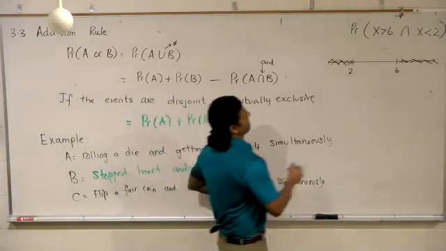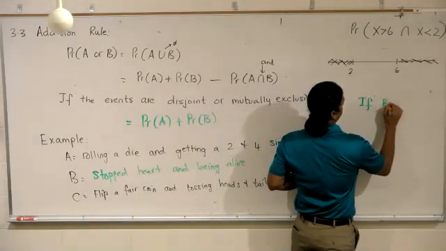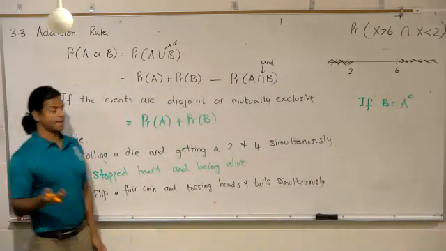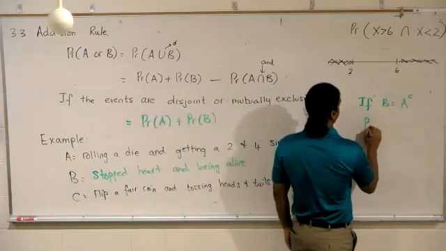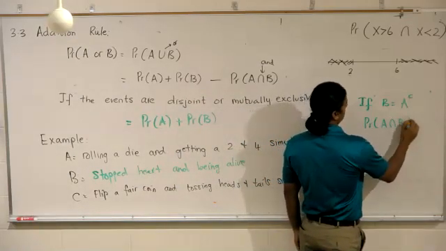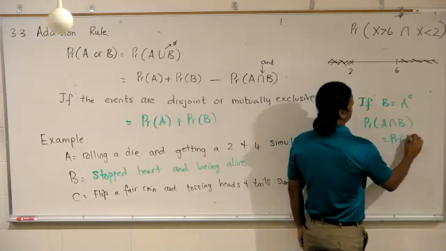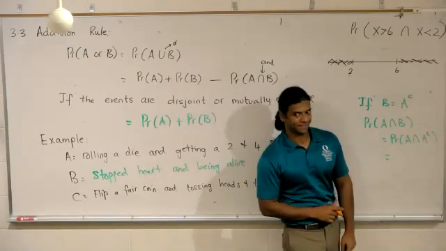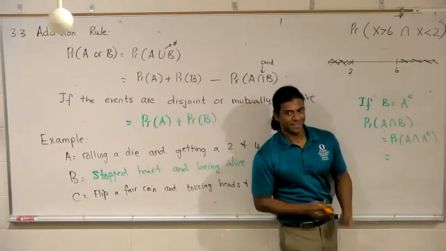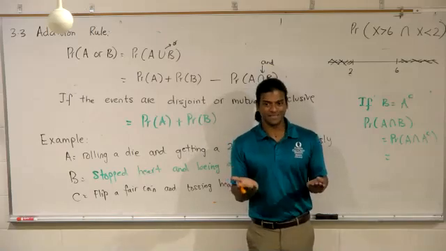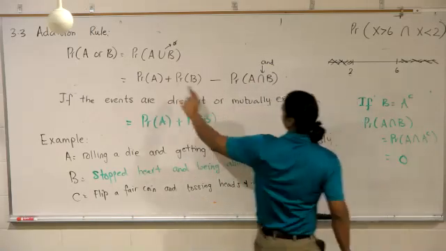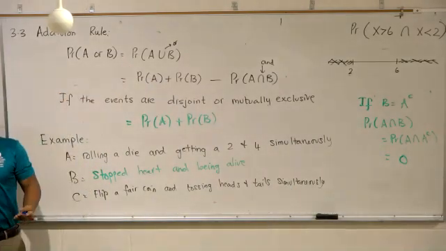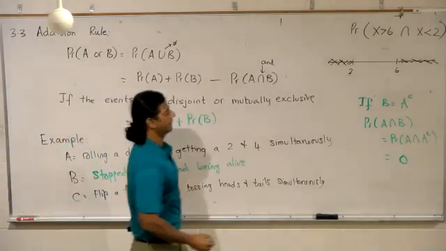So if B happens to be the complement of A, then the probability of A intersect B will be the probability of A intersect A complement, which is A and A complement occurring simultaneously. 0. However, if you go here, we want to know the probability either A happens or its complement happens.